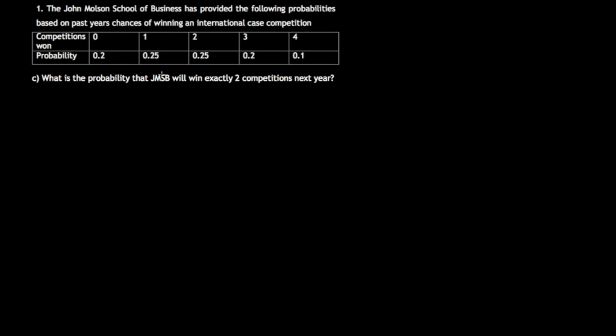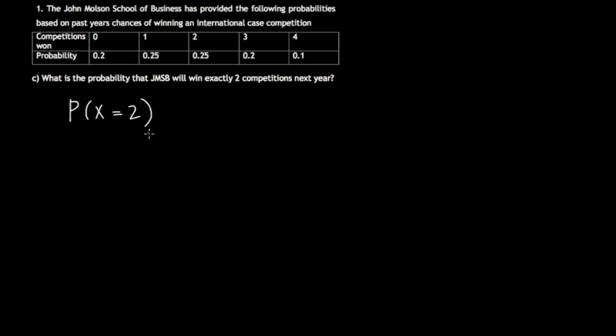So let's go ahead and do that first, and then we'll solve once we have the numerical version. What I mean by that is, the probability that JMSB will win exactly 2 competitions is what? So this is the probability that X, so that the outcome, the number of competitions you win, is exactly 2.